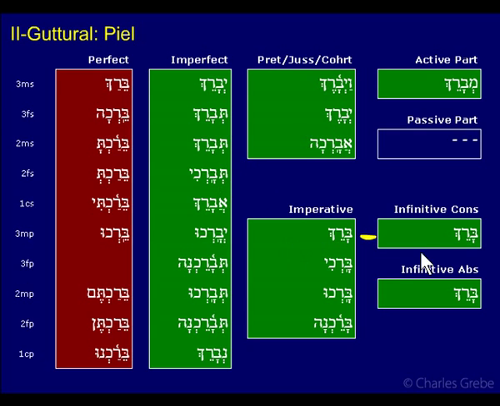The patach is throughout here, but it's especially notable in the imperative. At least I find it a useful marker for the imperative in the piel. So it too is going to lengthen to the qamets. So be aware of that. If you see a qamets there and you think it's an imperative, look to see if you have a middle radical that is guttural or resh. And then, in fact, you may have a piel imperative.